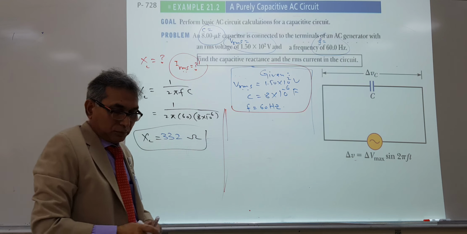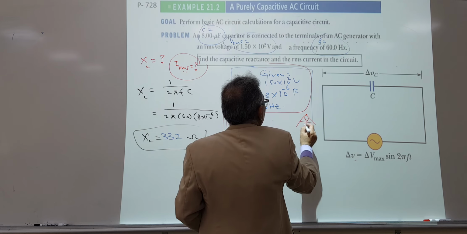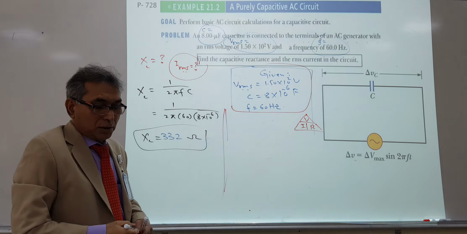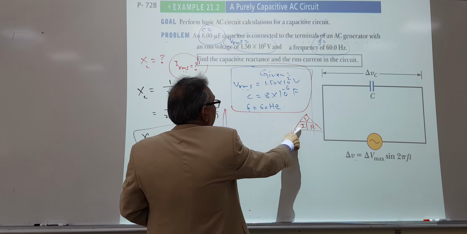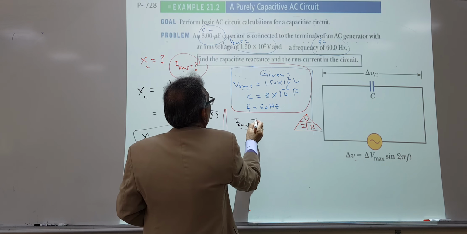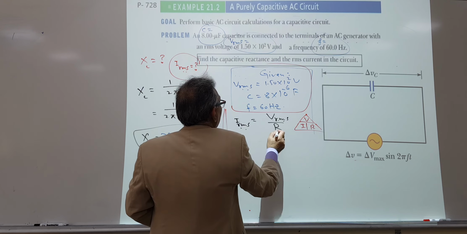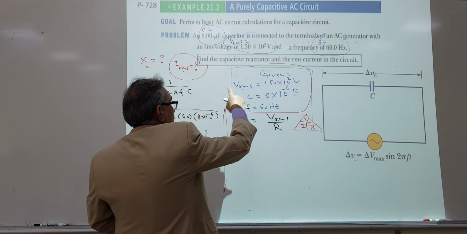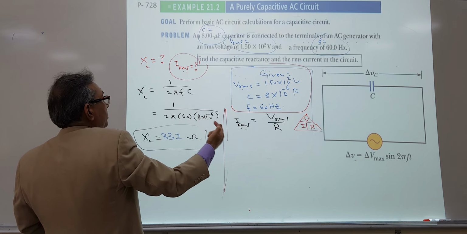Now you need I RMS. We have Ohm's law, which says V is equal to IR. So I is equal to V divided by R. So I RMS is V RMS divided by R, the resistor. But now we don't call it a resistor in the case of the capacitor because its behavior is changing with the frequency.